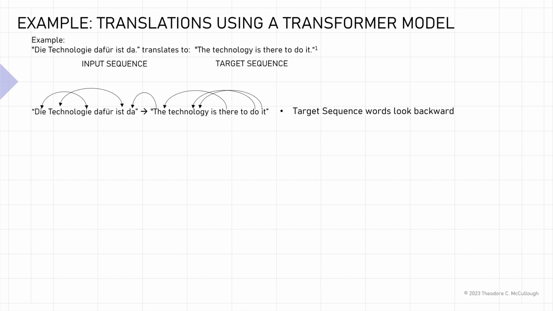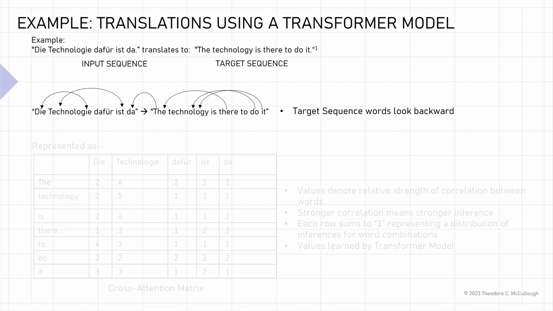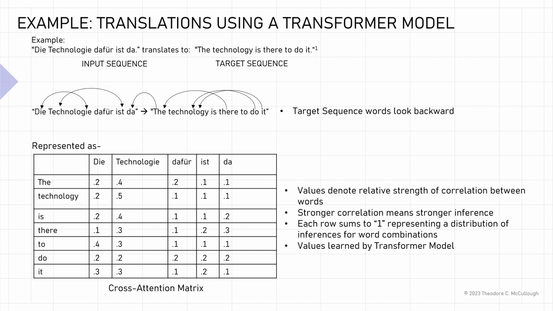And then further, on the target sequence side, you have relationships between subsequent words in the sequence and earlier words in the sequence. You'll notice that this is the target sequence and its relationship between pairwise words is a little bit different in that it's always backward looking. And we'll get into why that's the case in some of the subsequent slides. And so basically, this input sequence and target sequence can be represented in what's called a cross-attention matrix.